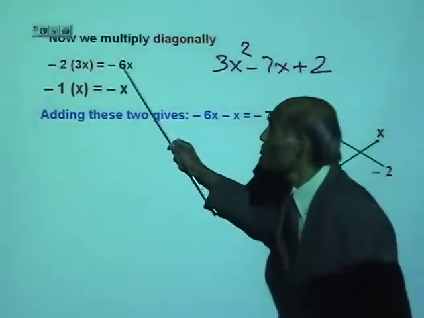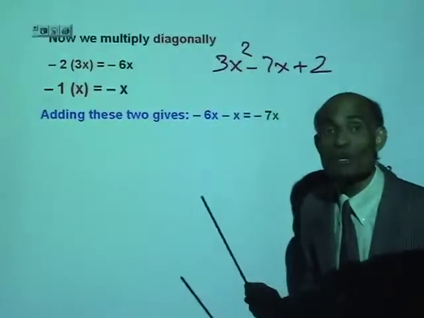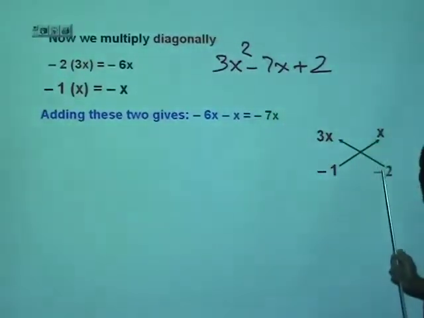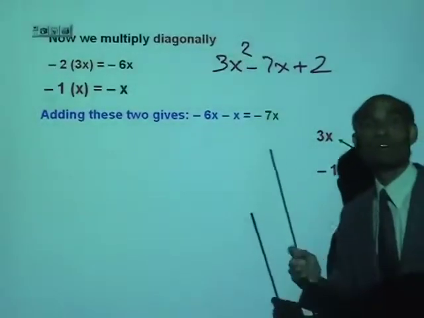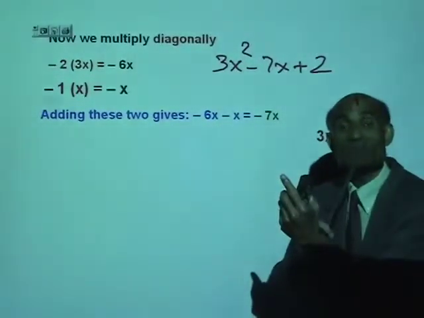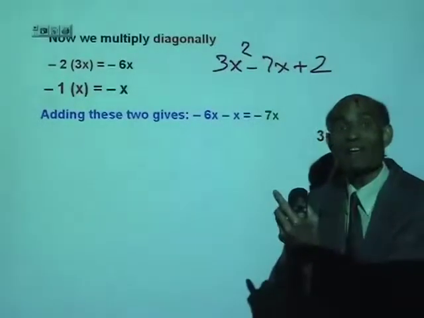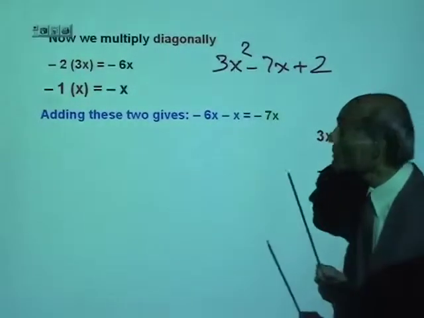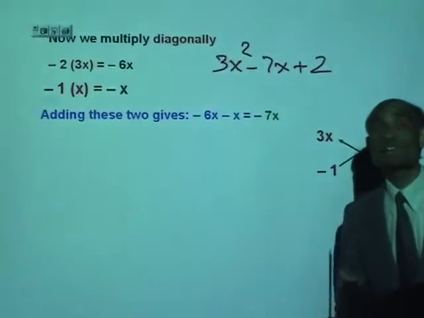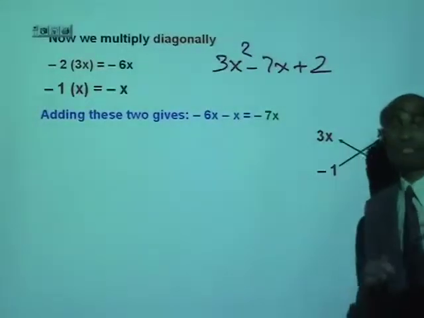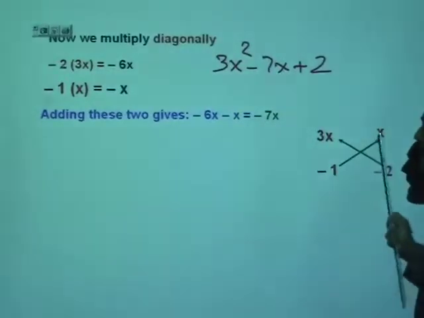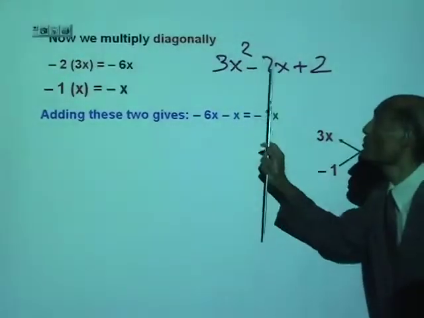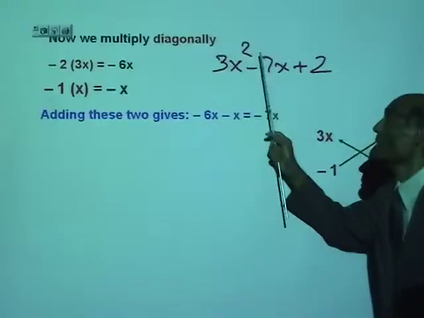If adding the two does not give you the middle term, that means you have not placed these numbers in their proper position. You need to then change and experiment, do trial and error. You do it until the test is passed. What is the test? Multiply diagonally and add. You must get the middle term.